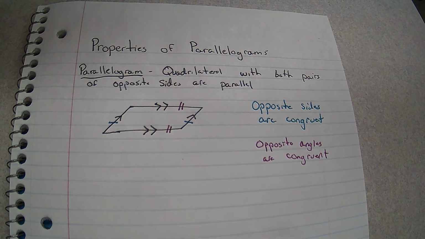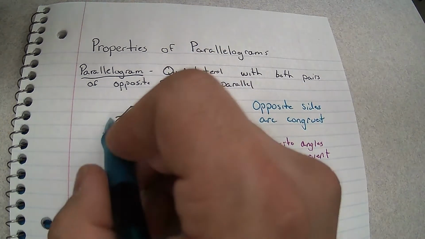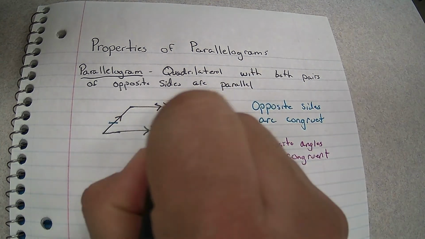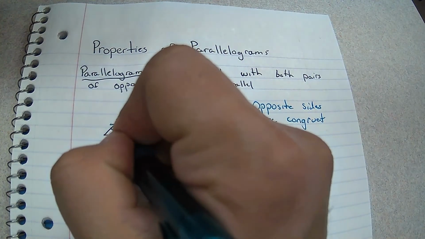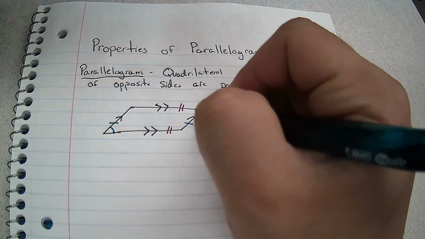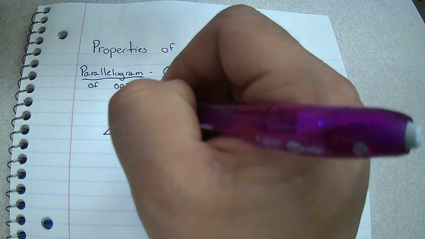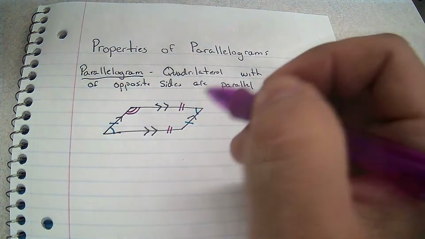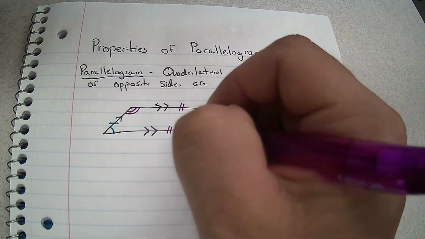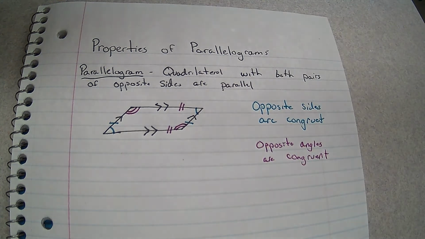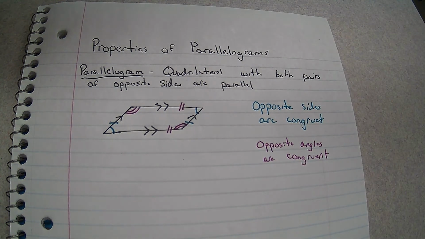So opposite sides are congruent, or the same. And then our opposite angles are going to be congruent as well. Opposite angles are kind of diagonally from each other. So this angle is the same as this angle. And this angle, which we'll show with two little angle symbols, is congruent to that angle.